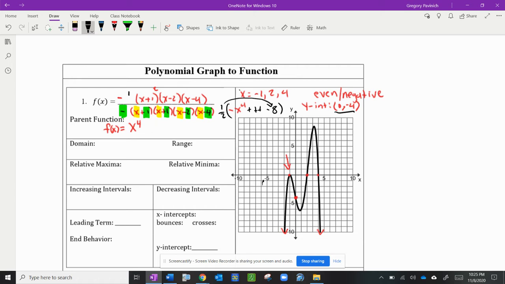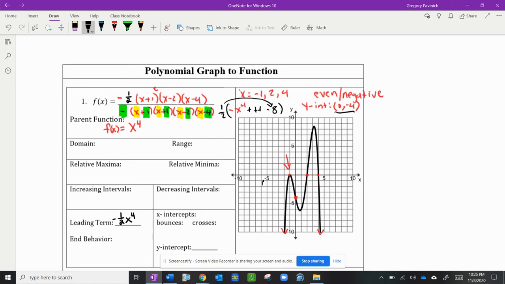So I know this front number should be negative 1/2. So my leading term is going to be a negative 1/2 x to the fourth. That is the hardest part of what we're really going to do. The rest is just going over characteristics that we've already done before.